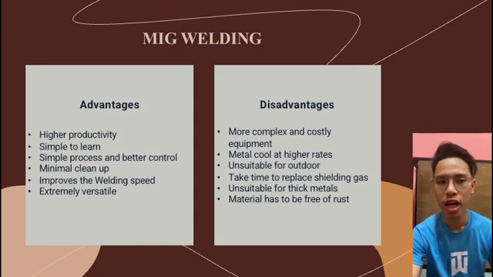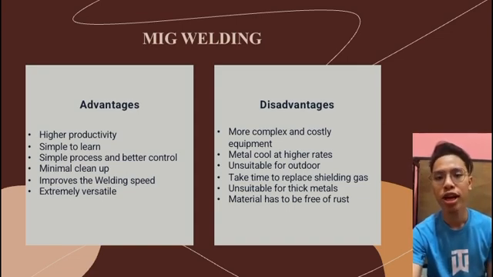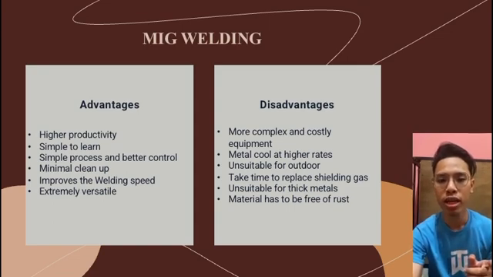Fourth, the shielding gas takes time to replace. Next, MIG welding is unsuitable for thick metals and not proper for penetration. And the last disadvantage is that the material has to be free of rust to get a good weld. Basically, the metal for MIG welding must be clean from any rust or dirt to make sure we get a perfect welding result.